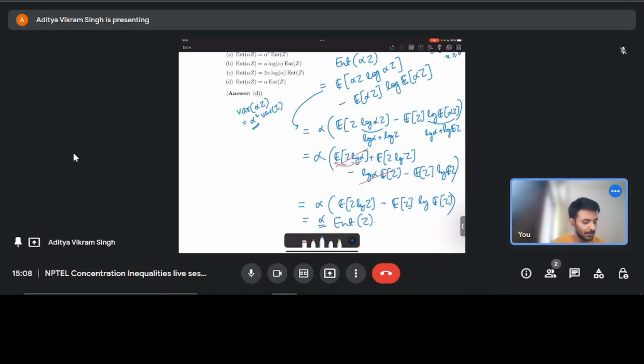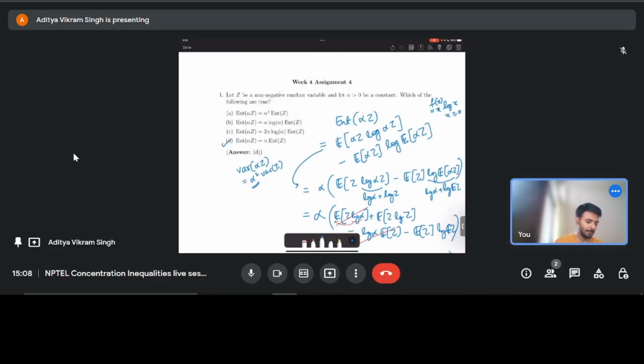So option D is the correct one, and other options are not true in general.